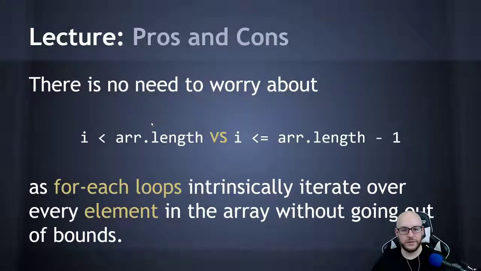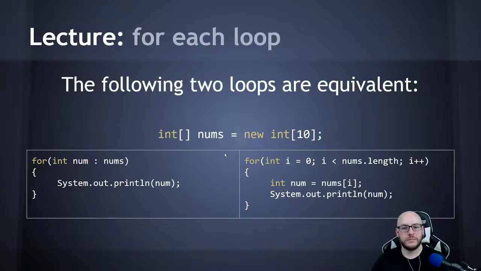I'm going to go back to this one. What is happening behind the scenes is that we are creating a variable and saving in the current value. And then for the rest of the iteration, we're working with that variable. These two, the left side, the right side, are functionally equivalent.